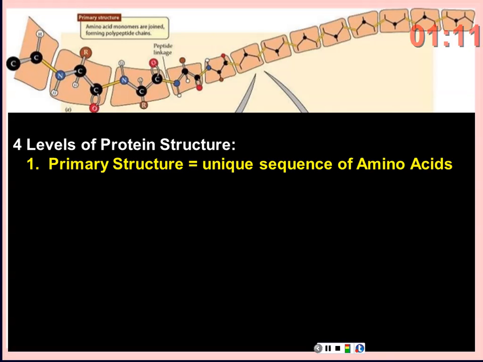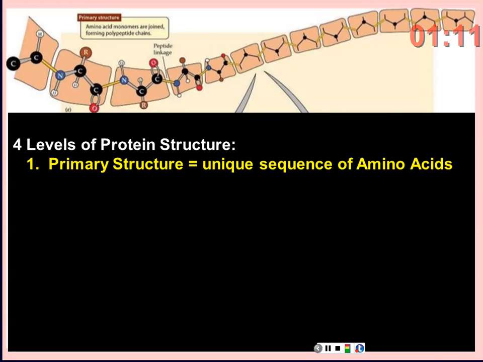So if I have an amino acid with an R group here, and let's say I have 20 other amino acids in between, and I have another amino acid here with an R group that they like each other, the two on the end like each other, they're going to try to get to each other. So what does that do to that long strand of amino acids? It's going to cause it to fold or pleat.